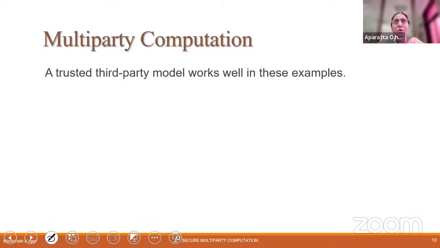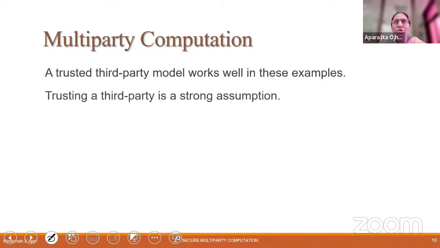So here, what is important in multi-party computation is that there is a third party. This model works well in these examples, right? There is a third party. But remember that in blockchain applications, trusting a third party is a strong assumption. Like we are right now trusting our server systems, which can be hacked anytime.